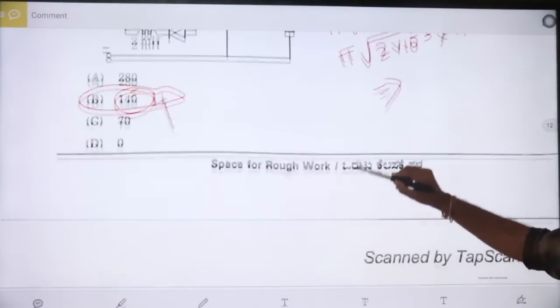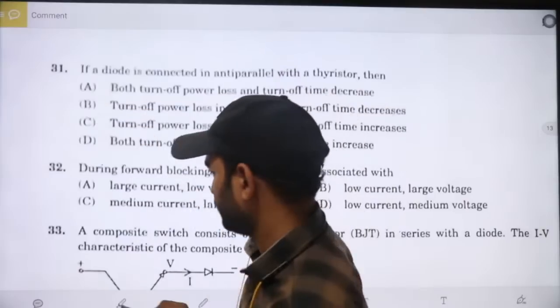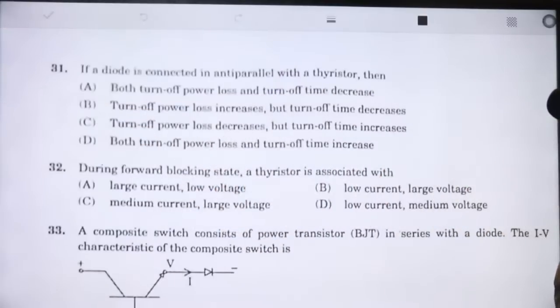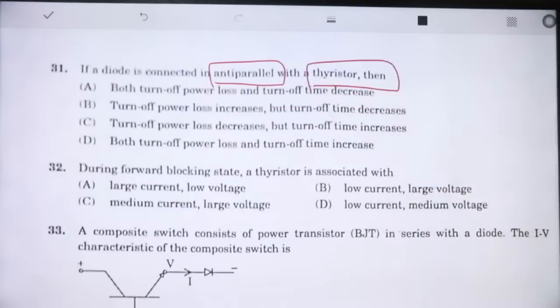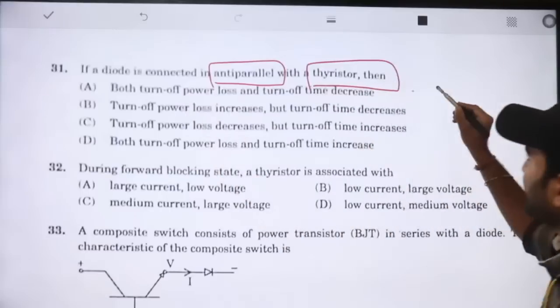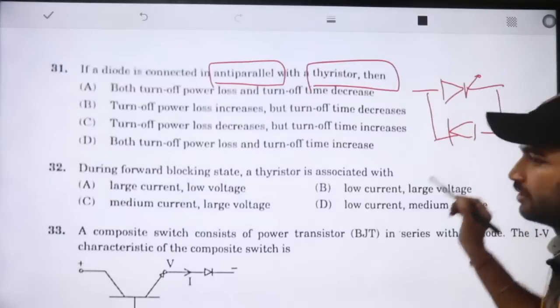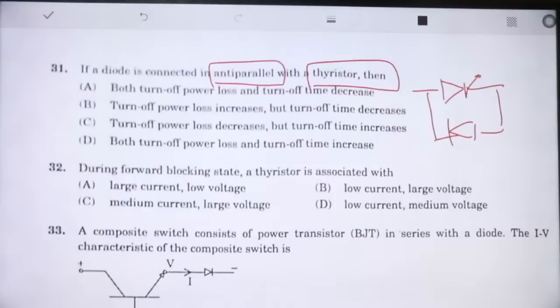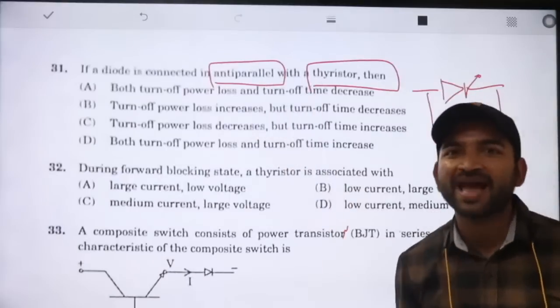So the next question, 31st question, is when a diode is connected anti-parallel with the thyristor.